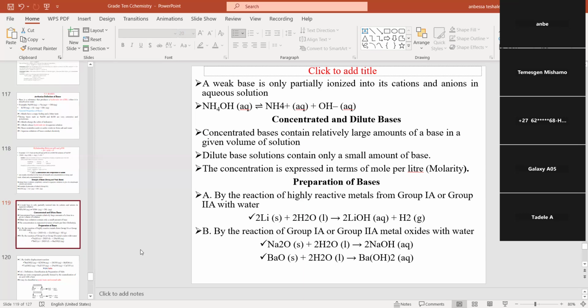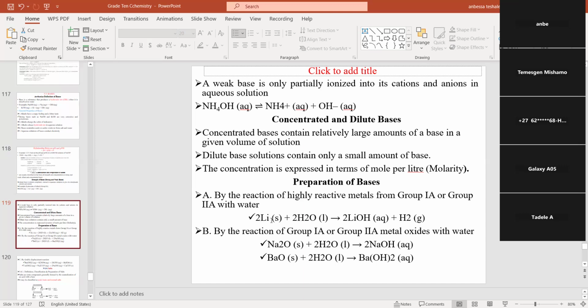Preparation is the same as for acids. The first and prominent way of preparing a base is dissolving a basic oxide in water, which always results in a base. The other way is the reaction of highly reactive metals like group 1 and group 2 with water, which gives a base.